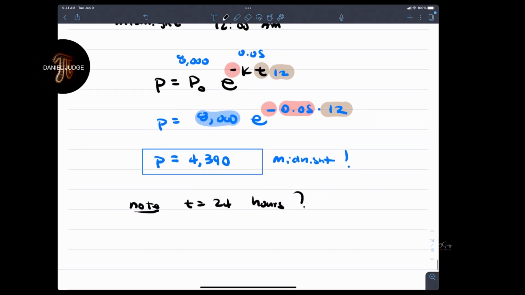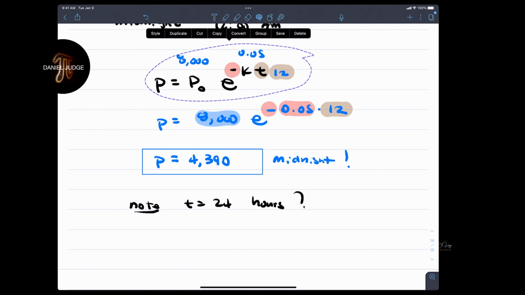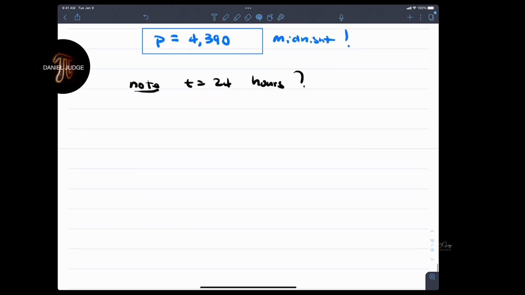So the very next day, if we change our time now, not to 12, let's see. What should that be a day later? Well, just change your time. The time was in hours. So the time is now 24 in this model.